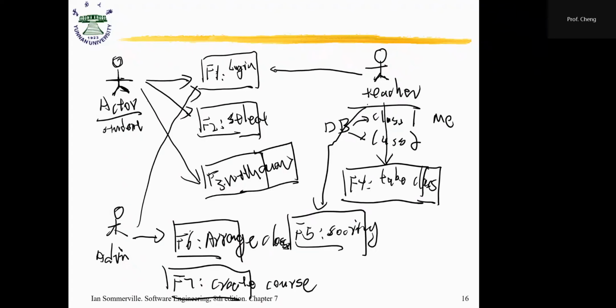But the time schedule shown to both student and teacher is done by the system itself. Like the administrator can arrange this class maybe on Monday, and the other class set into Wednesday, like our class Wednesday afternoon, right? This is arranged by the administrator. This is a kind of use cases. Any questions?